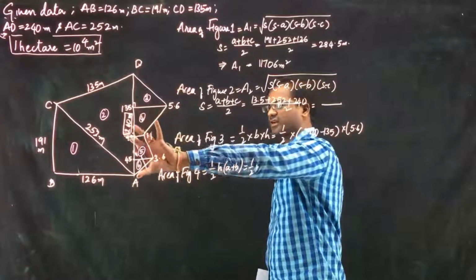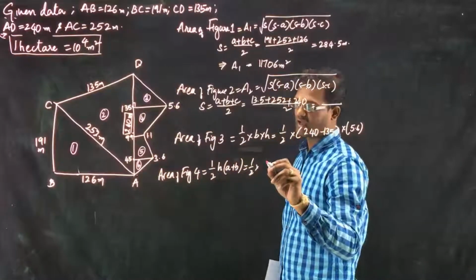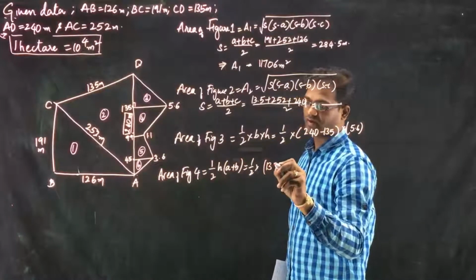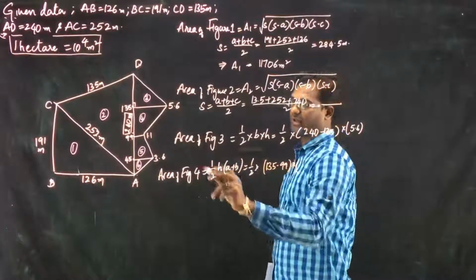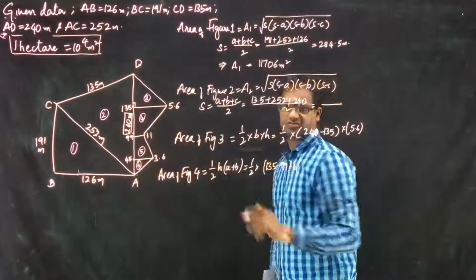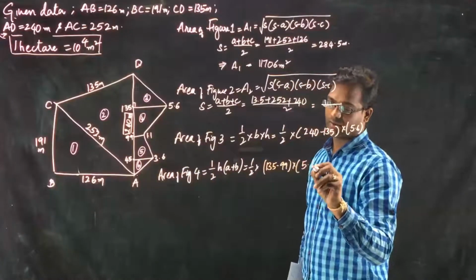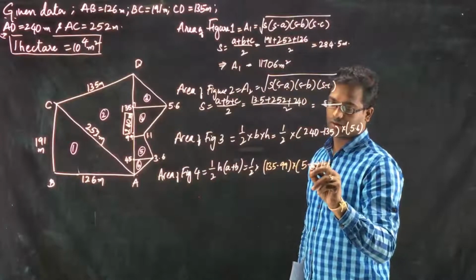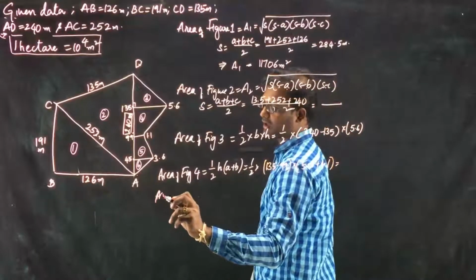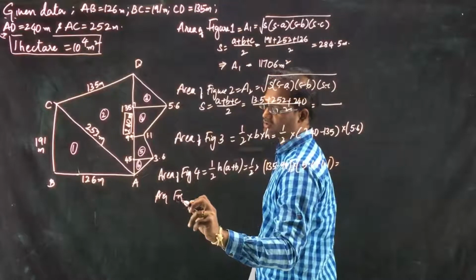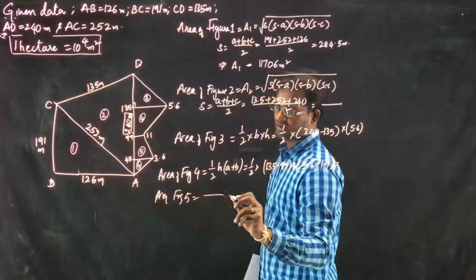So from 135, if you deduct 99, you would get the height. So half into 135 minus 99 into A plus B. This is 5.6 and this is 1.1. So add them up and calculate the value of figure 4. And similarly, you can do it for figure 5, right?